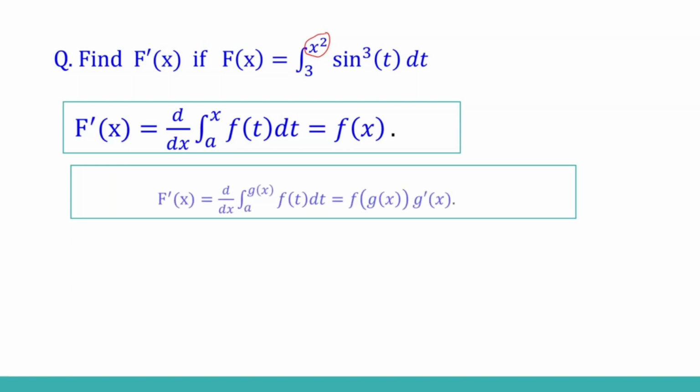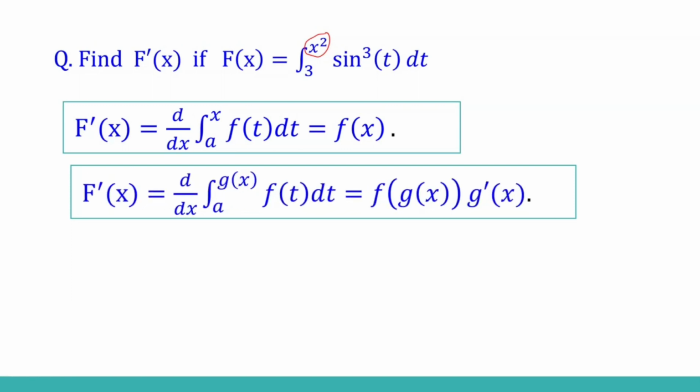If you have an expression in the upper limit, which we denote as g(x), then you get the formula like this and multiply by the derivative of g. This is like the chain rule.